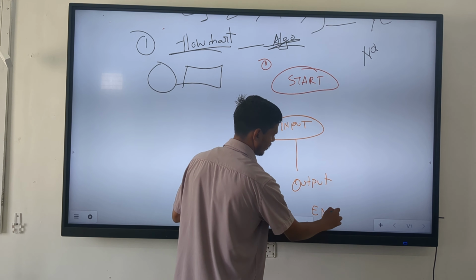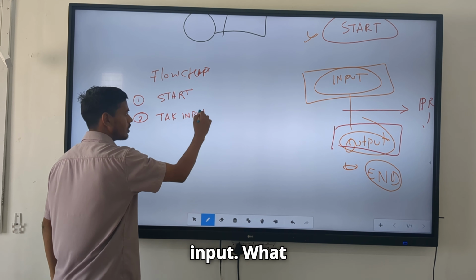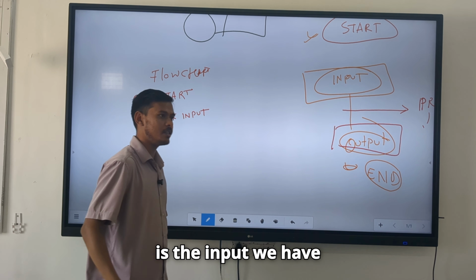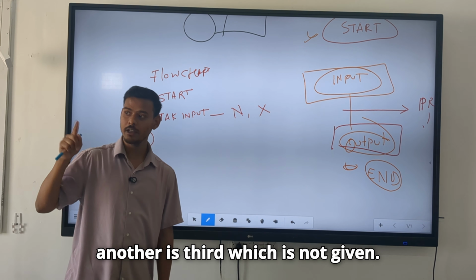Start. Second, take input. What is the input we have in the question? In the question it says take 2 inputs. One is n, second is x. Okay. Third, there is another value that is not given.